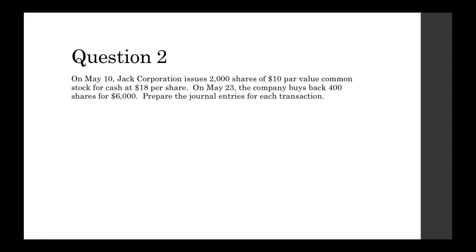Treasury stock is when you purchase back those shares of stock that were previously issued. So in this problem, we are dealing with issuing common stock and then buying back shares on May 23rd. So on May 23rd, we're dealing with treasury stock.